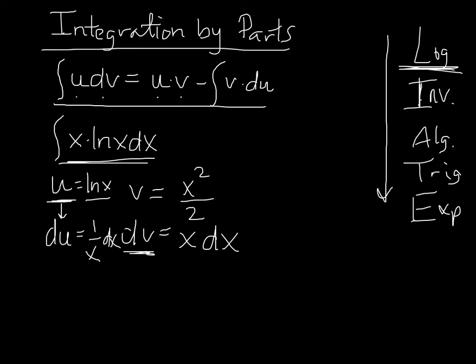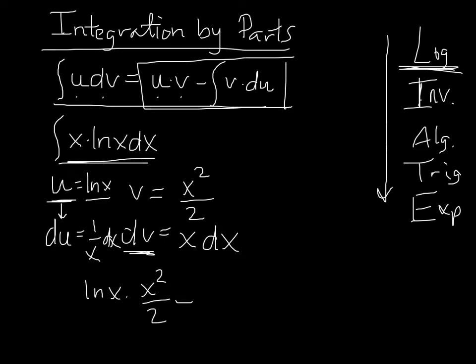Once I have all 4 parts, I then use the formula given here to hopefully be able to evaluate this integral. So I have u times v, so ln of x times x squared over 2, minus v, which is x squared over 2, times du, which is 1 over x dx.